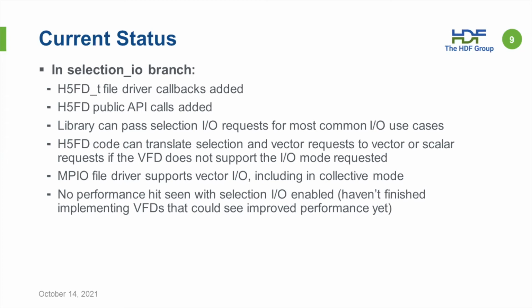And we've verified that there's no significant performance hit. In some cases, it's a little bit faster, in some cases, a little bit slower. So within margin of error from using this code. We haven't implemented cases where we would expect to see a speedup yet, because the only place that we've implemented that takes advantage of non-contiguous IO is the MPIO file driver, and that was already taking advantage of it previously just through this undocumented backdoor path.